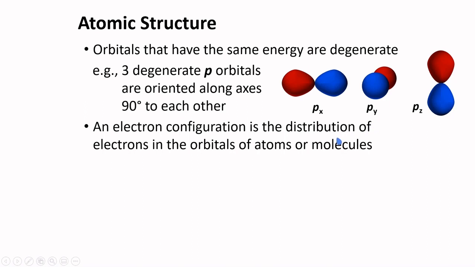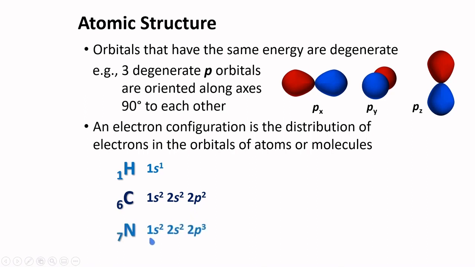An electron configuration is the distribution of electrons in the orbitals of atoms or molecules. We know that hydrogen has an electron configuration of 1s1. Carbon has 6 electrons. They are distributed along the 1s orbital, 2s orbital, and 2p orbitals.